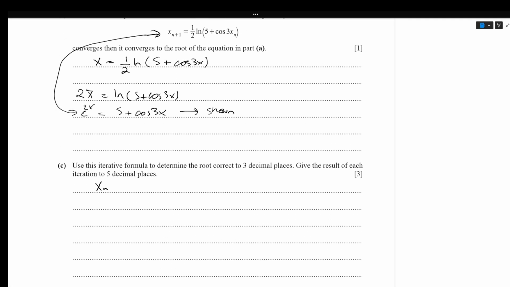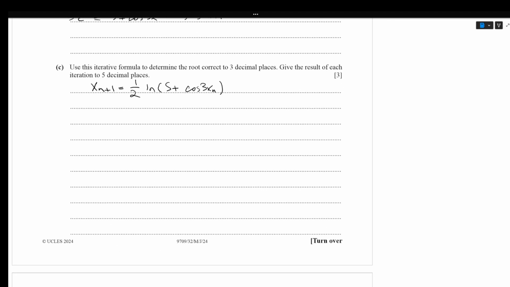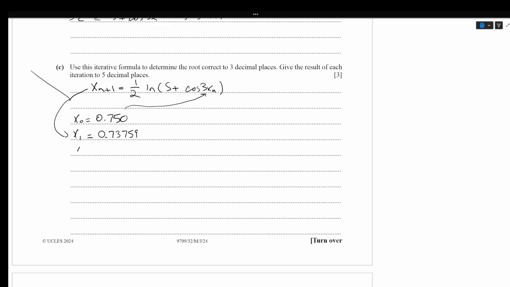Okay, so x(n+1) equals 1 by 2 ln(5 plus cos 3xn). I'll start with x0. I know the interval is 0.7 to 0.8, the root is somewhere in it, so I start from 0.75 and put this here, and I will get my x1 from here. So my x1 as I calculated is 0.73759, and then putting x1 here, x2 will come from here, and we keep doing this basically until the sequence converges.